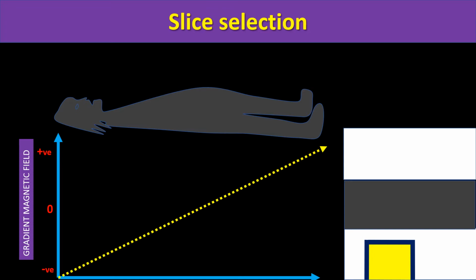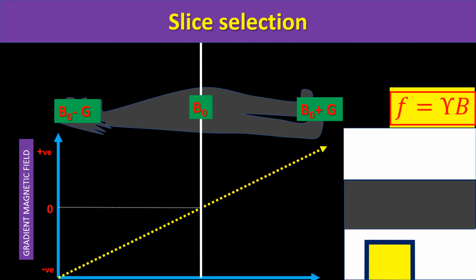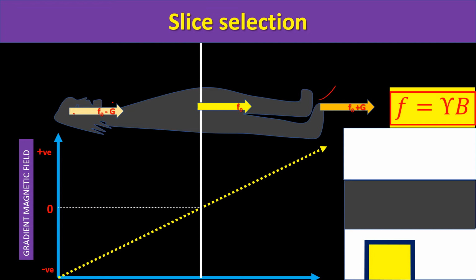When we go from cranial to caudal, the frequency produced by the hydrogen protons within the body is maximum at the caudal end, minimum at the cranial end, and in the middle it is experiencing only the B0 magnetic field. Different areas of the body have different magnetic fields.